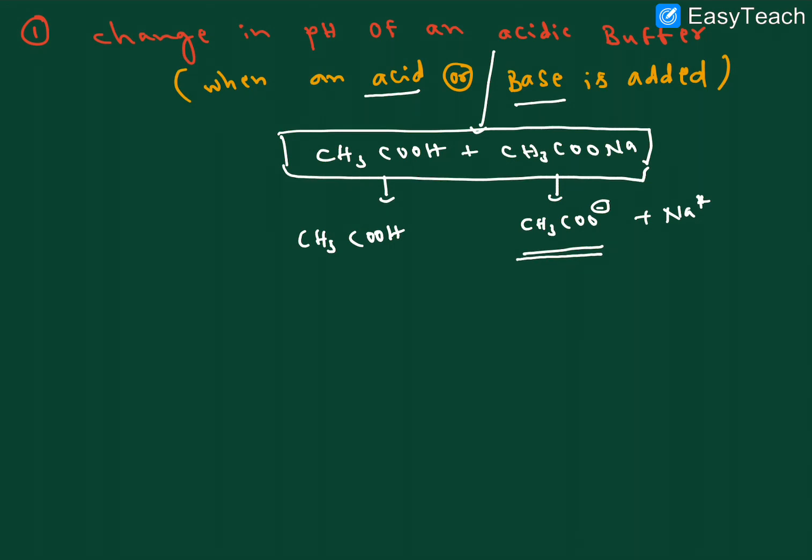It is a strong electrolyte, so complete ionization takes place. Sodium acetate, whenever dissolved in water, converts into acetate ion plus sodium ions. But the weak acid is not completely dissociated, so some amount remains as acid. Whenever we add acid or base, these two molecules can react, right?